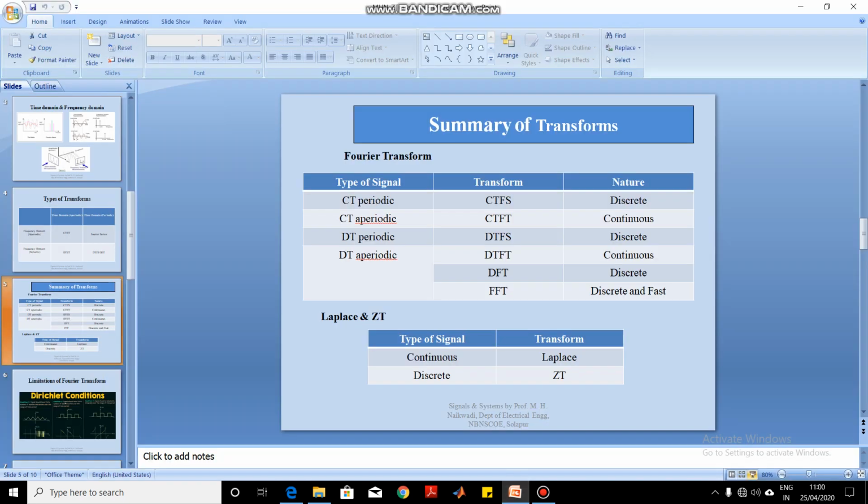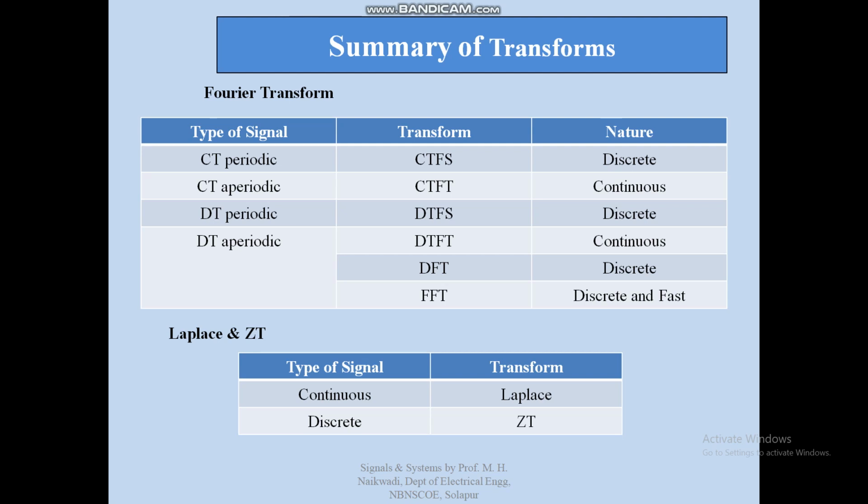If you see the summary of transforms, depending upon the type of signal, we have many types of Fourier transforms. If a signal is continuous periodic, we analyze it with the continuous time Fourier series. And if you see this continuous time Fourier series, it is discrete in nature because there is a summation equation here.